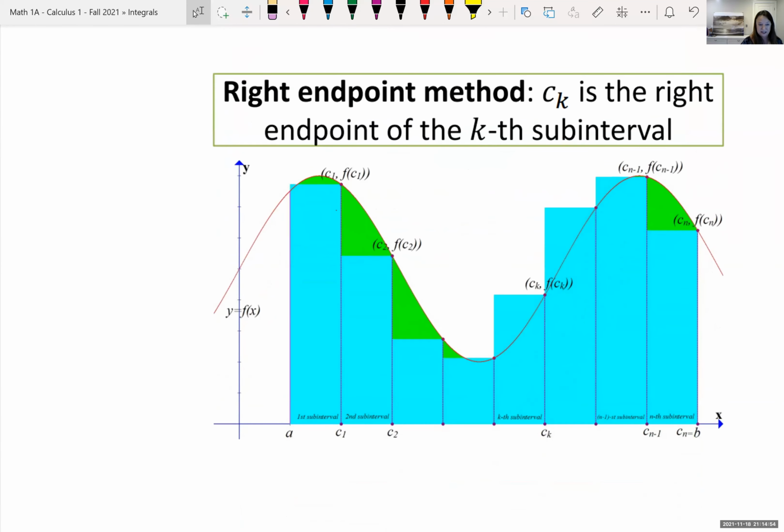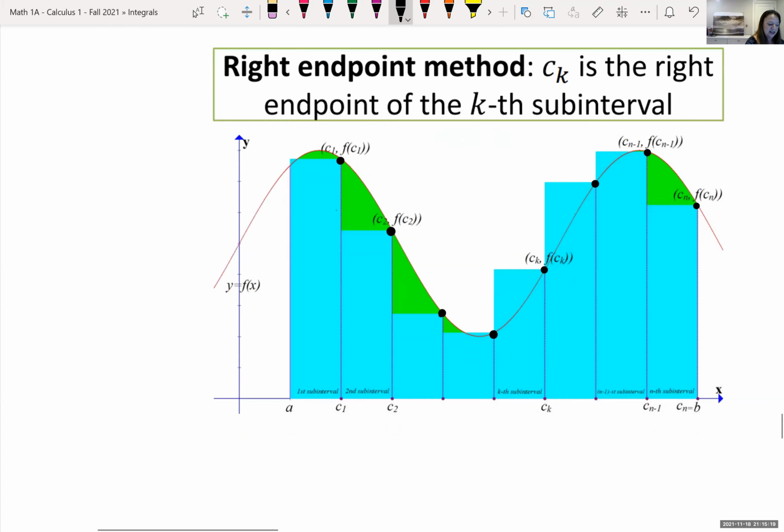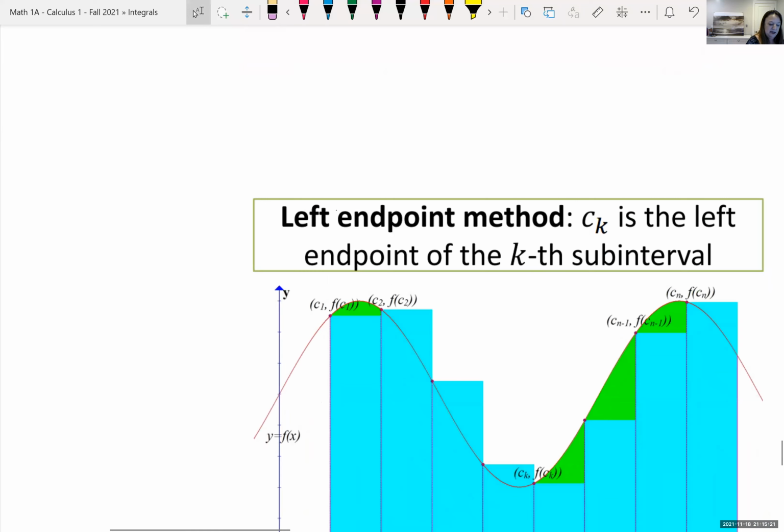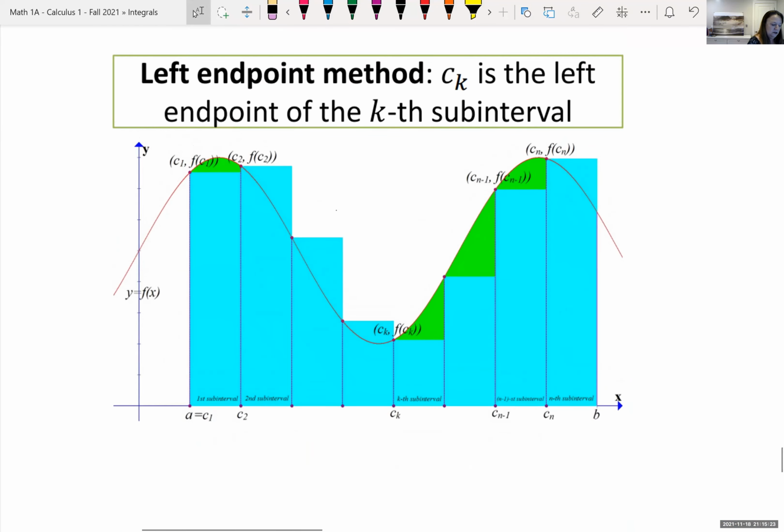And these are more the ones that I use, the left and the right. So in the right hand, you're just looking at the far right hand part of each rectangle, and that would be the height that you would get. And then the left endpoint method, you're going to look at the left endpoint of each rectangle instead, and that is going to be what you use.